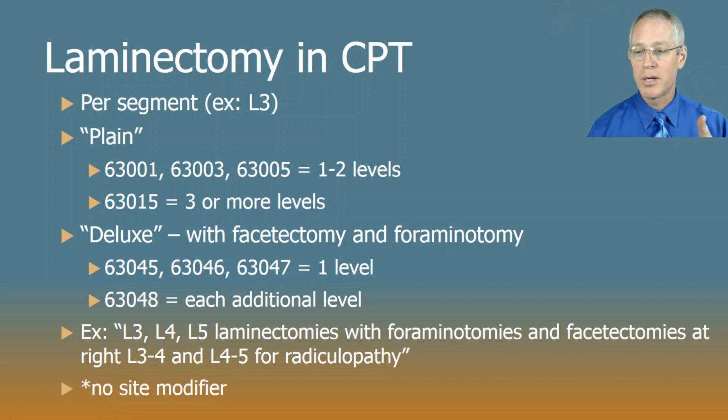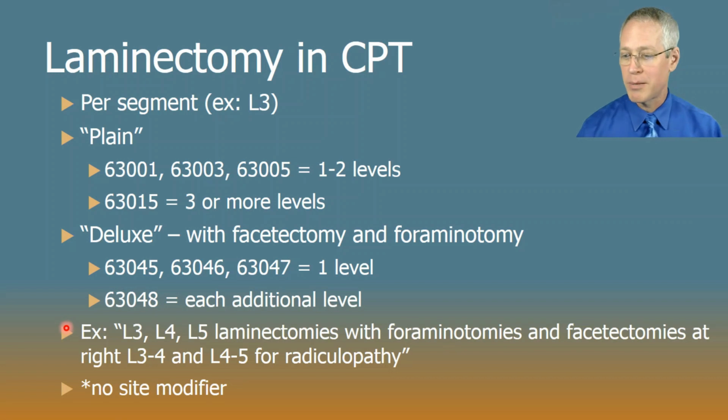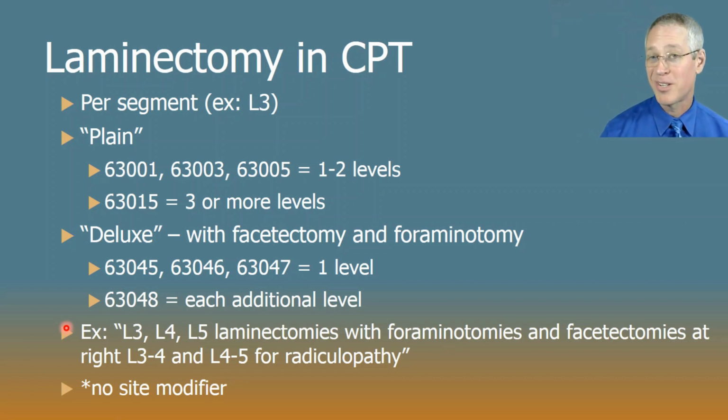So have a look at this example, which might look a little tricky on the surface. We have an L2, 3, 4, and 5 laminectomy and foraminotomy. So it's already starting to look like a 3-segment laminectomy. And we've got this nicely documented with foraminotomies and facetectomies. So far, we're thumbs up on meeting the deluxe codes.